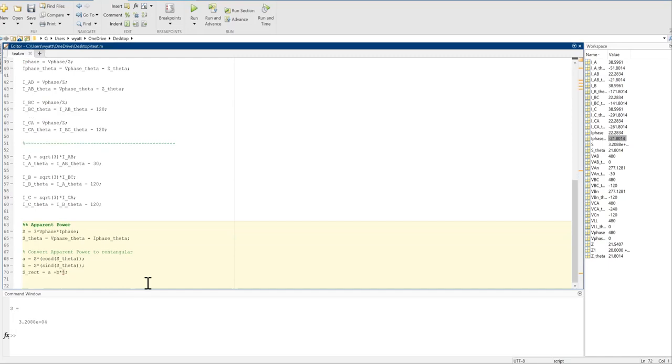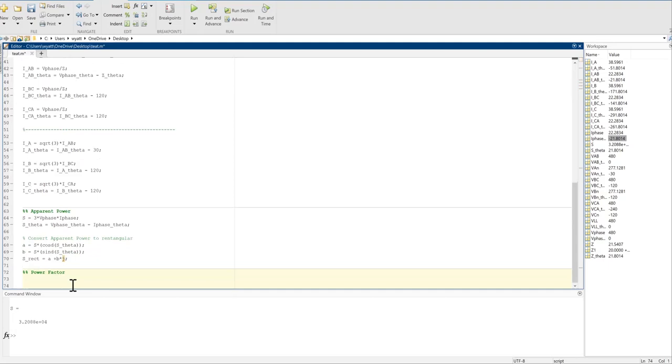All right, so we're able to get back to our rectangular form. So now we need to calculate the power factor. Sorry, I was just trying to make sure we're recording.